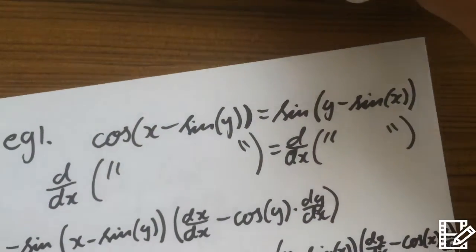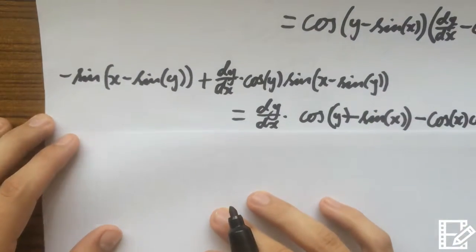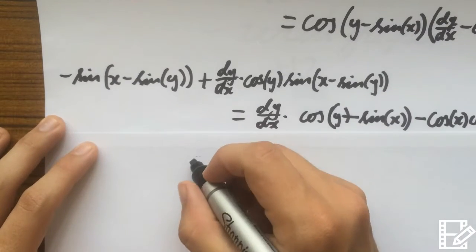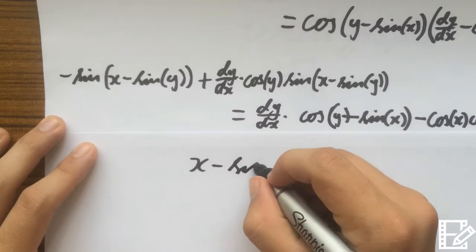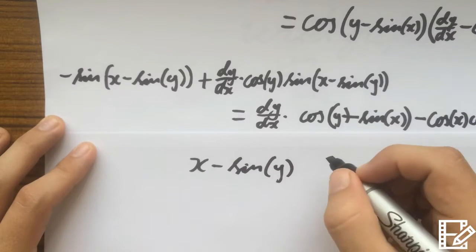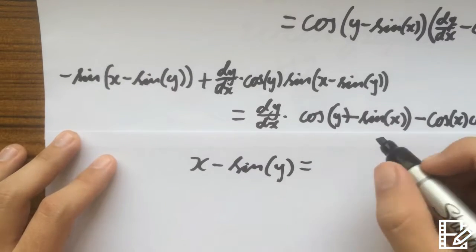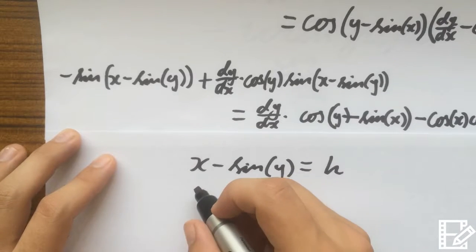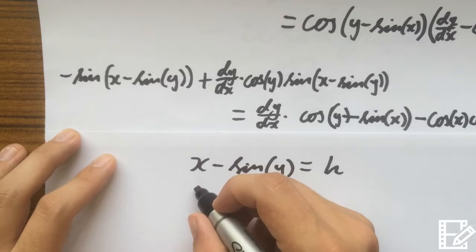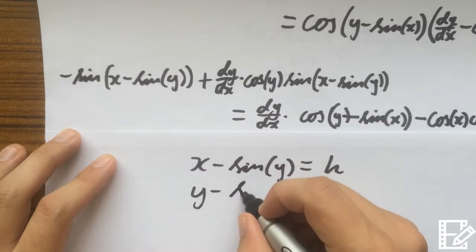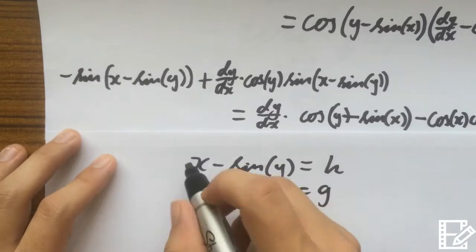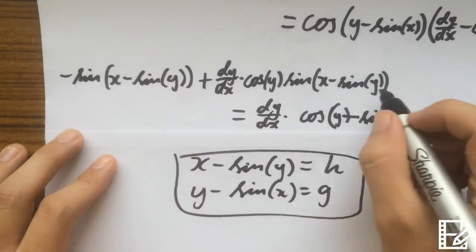Okay, so now we've got this all expanded out. We can rearrange it. What I'm going to do here is say that x minus sine of y equals h, and y minus sine x equals g. I'm only going to say that because this is starting to take up heaps of room.